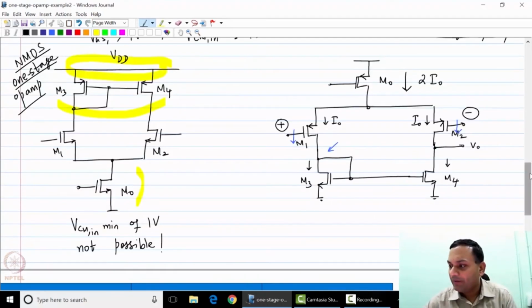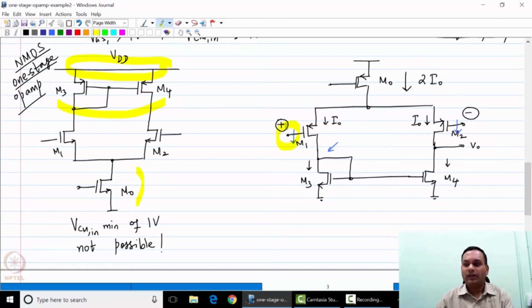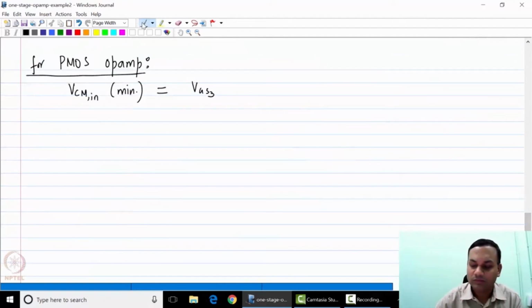And the gate of M1 can go lower than this node by a voltage equal to the threshold voltage of the PMOS transistor, which is VT1 or VTP.